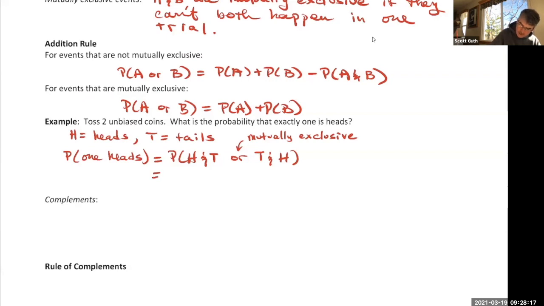So you would change this to probability of heads and tails plus the probability of tails and heads. Okay, and then and means multiply. These events are independent because one coin is not going to influence the other.